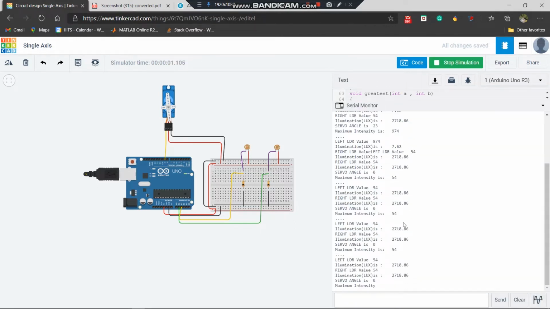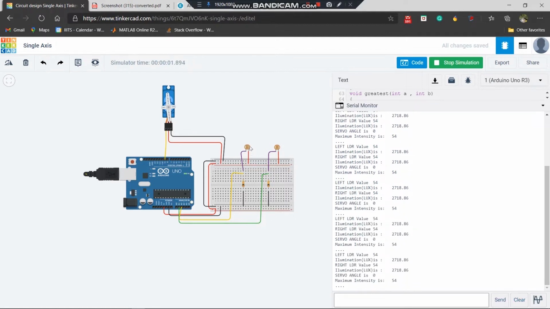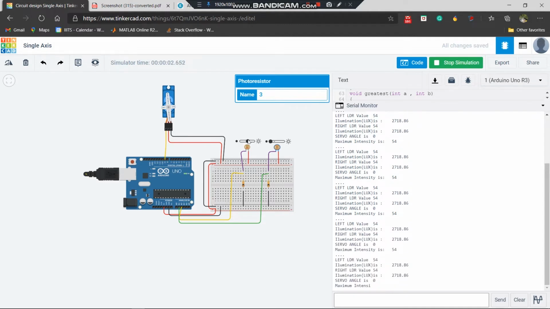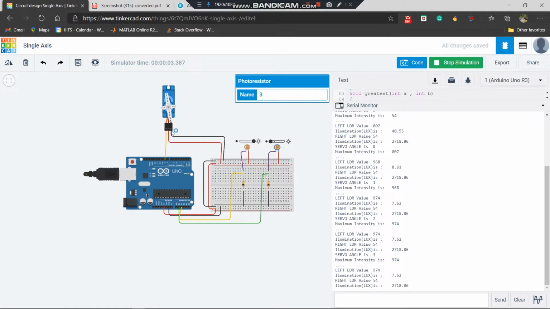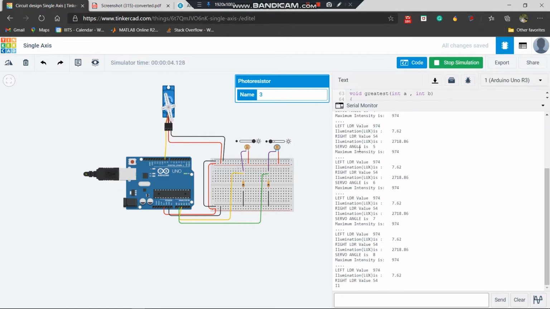This is the serial monitor. Now giving one of the LDR inputs to high, it starts rotating to the other side.